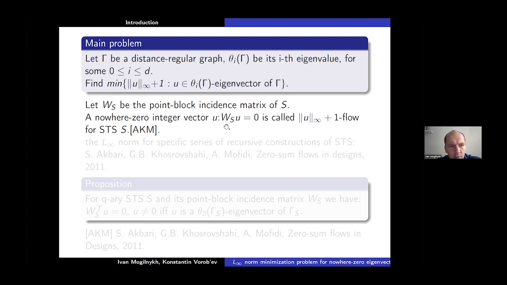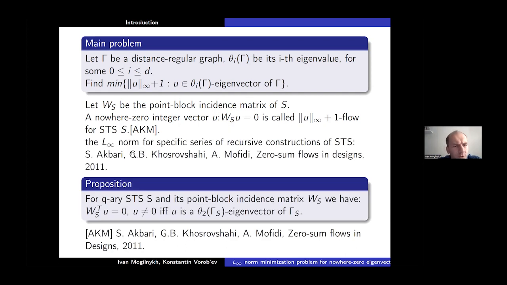This concept was introduced by Akbari, Shokri, and Mofidi in 2011, and the main problem here is to minimize this flow, to show that it could be chosen as small as possible for several series of Steiner triple systems.